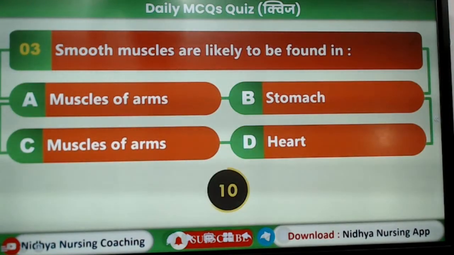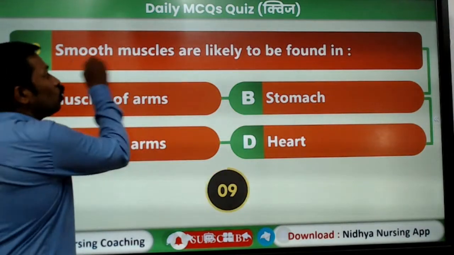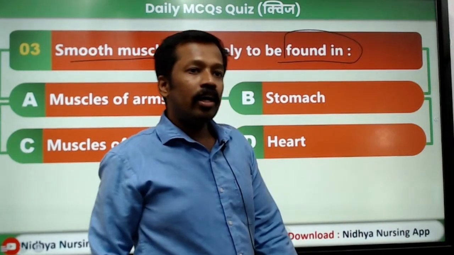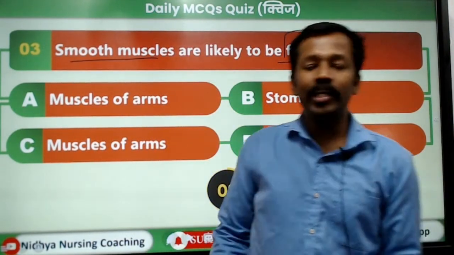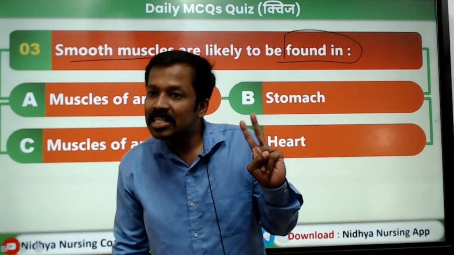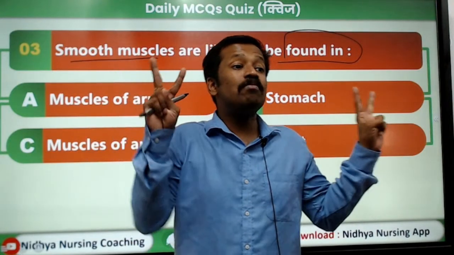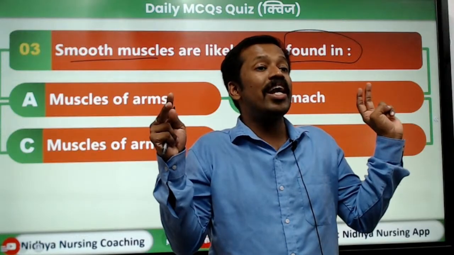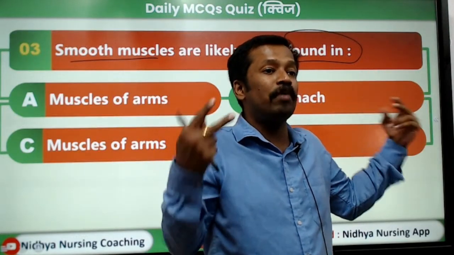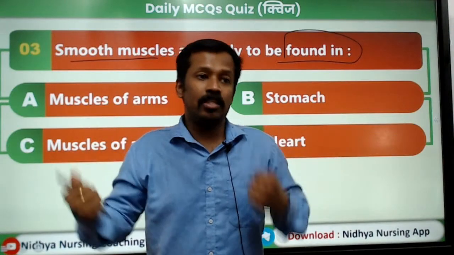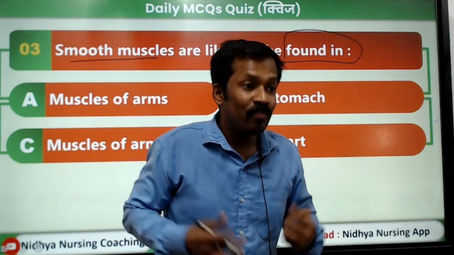Okay, fine. Another question. Smooth muscles are likely to be found in. We know that in our body there are two things: smooth muscle and skeletal muscle. Skeletal muscles are helping for the formation of voluntary muscles. Voluntary means we can control it.